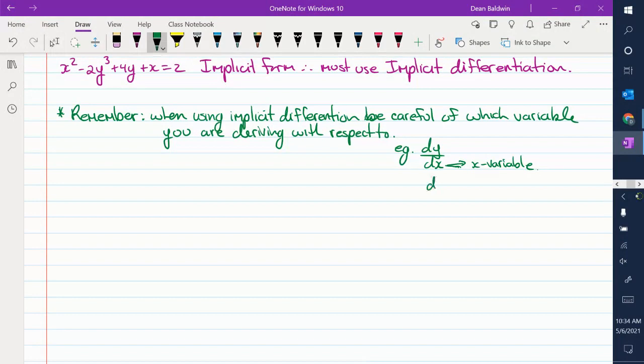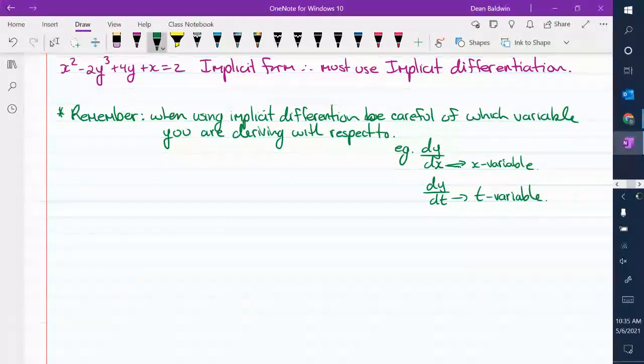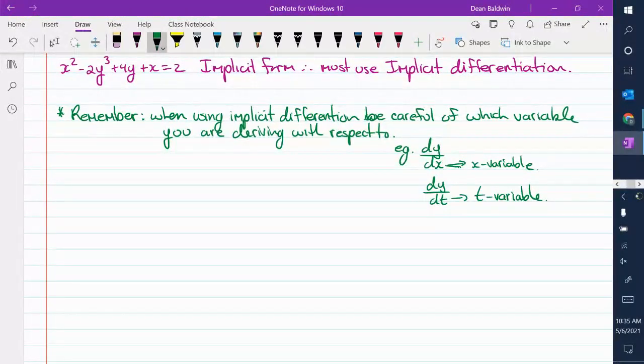If I wrote dy dt, time is our variable. Whatever the denominator is in the dy dx or the dy dt or dy d theta, it could be anything. When you have that, you derive normally. If you don't have that, well, let's just do it. It's easier if we just do it.